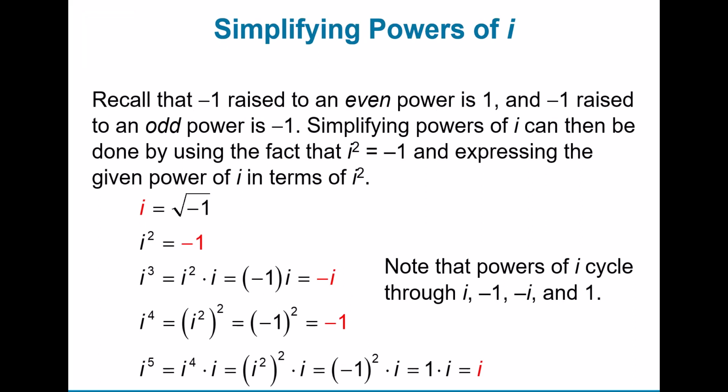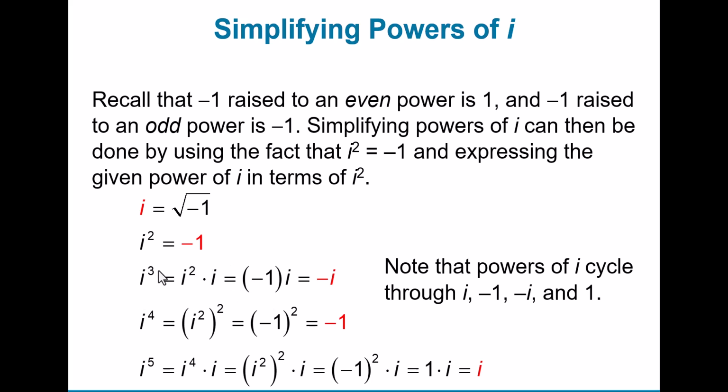And so you can even simplify powers. It says here, recall that -1 raised to an even power is 1, and -1 raised to an odd power is -1. So simplifying powers of i can be done by using the fact that i squared is -1, and expressing the given powers of i in terms of i squared. This goes back to, remember, if you have the same base, you add the exponents.